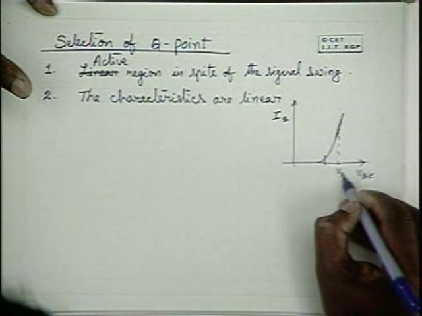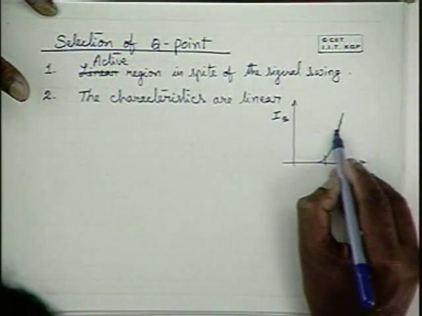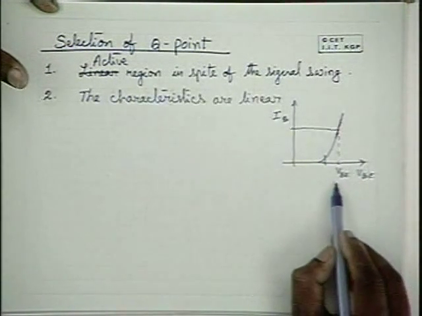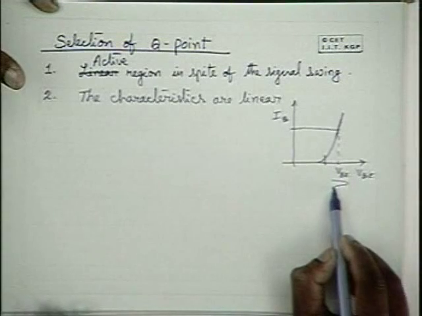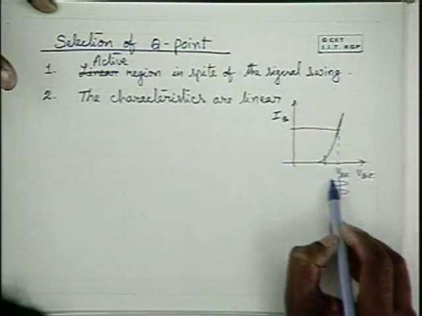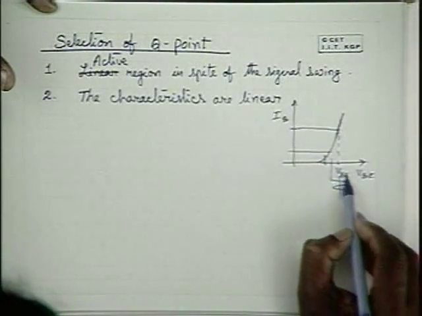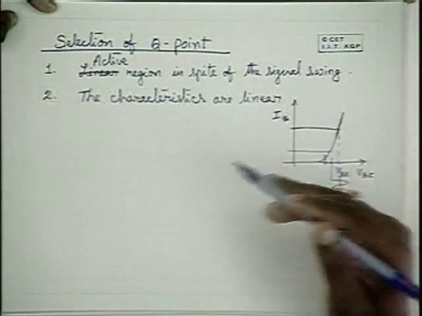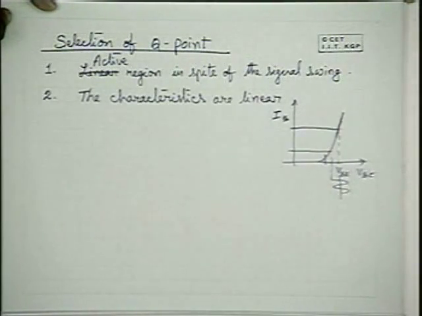Therefore, we should try to operate the transistor at this particular VB and this particular IB. Then if you apply a sinusoidal change in the base to emitter potential, you will get a sinusoidal change in the base current, and that will give rise to a sinusoidal change in the collector current, and that will give rise to an amplified sinusoidal voltage change across the collector resistance.